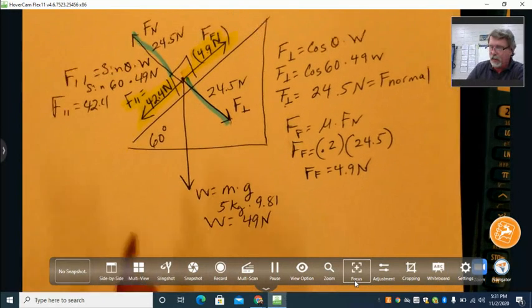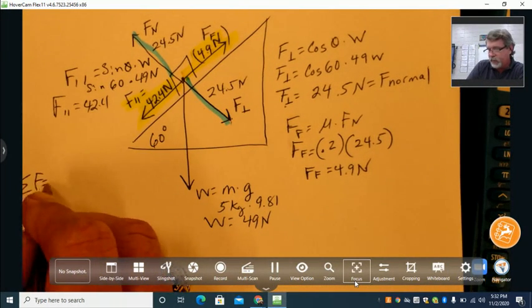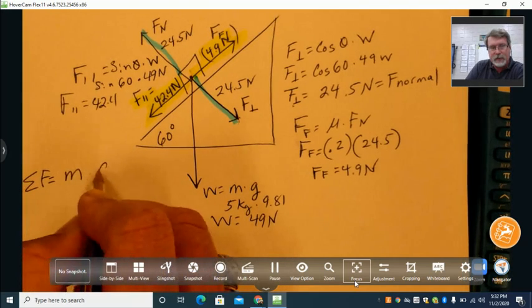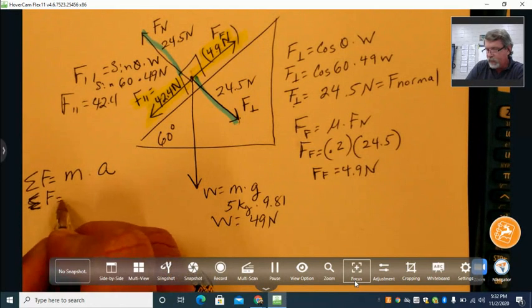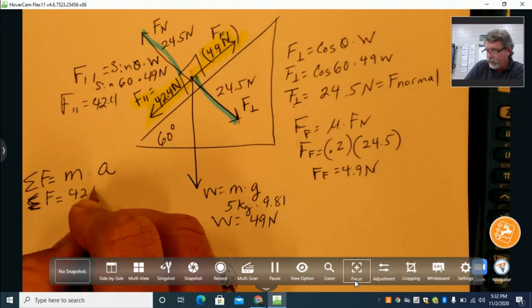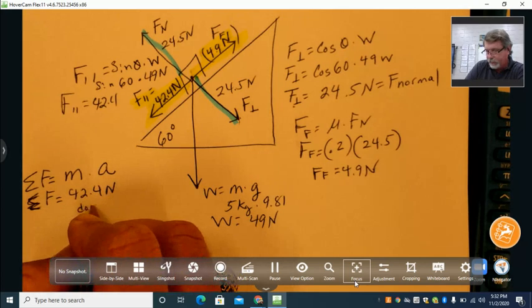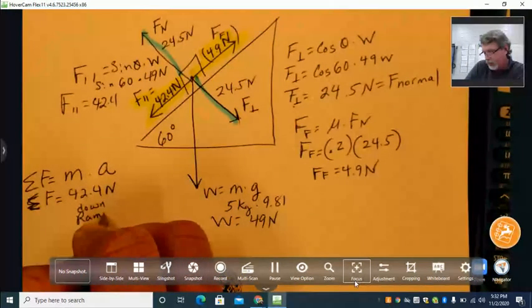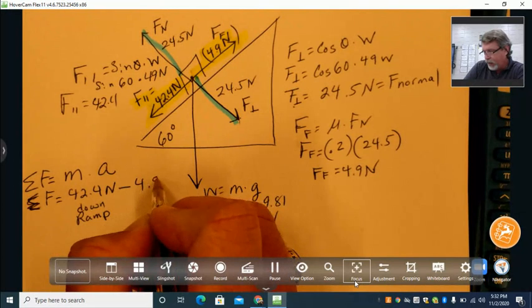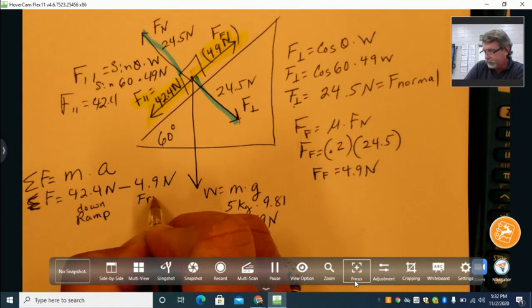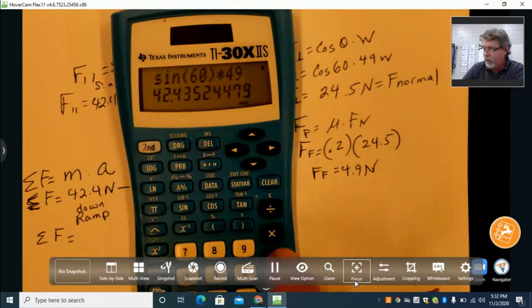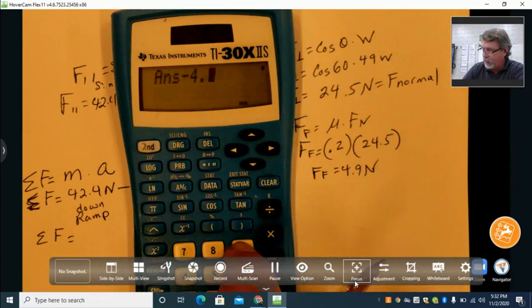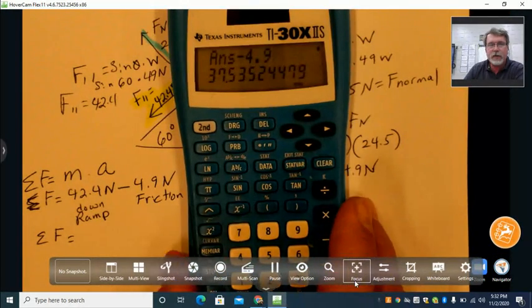So remember Newton's second law. The sum of the forces makes a mass accelerate. So the sum of the forces, that's supposed to be a sigma, is 42.4 newtons down the ramp, and then minus the 4.9 newtons of friction. The sum of the forces is going to equal 42.4 minus 4.9, which is 37.5.